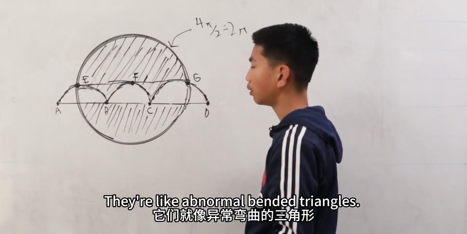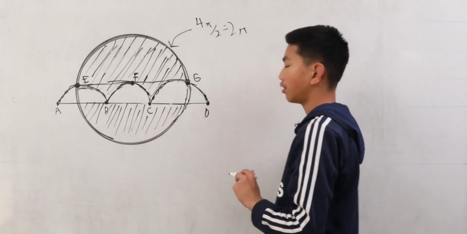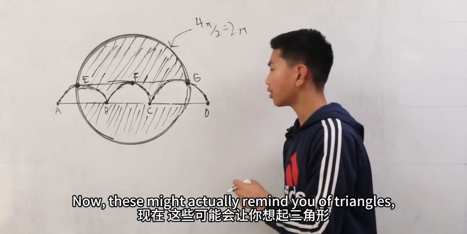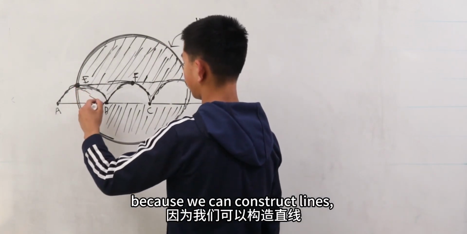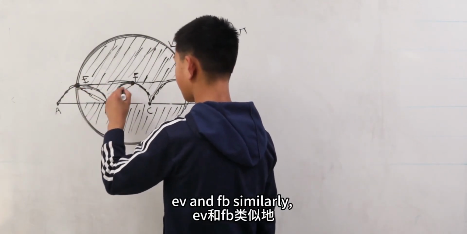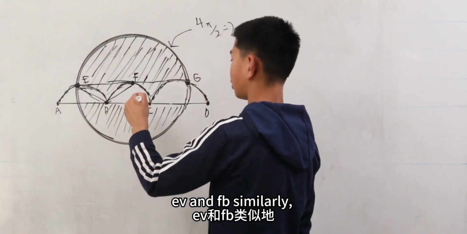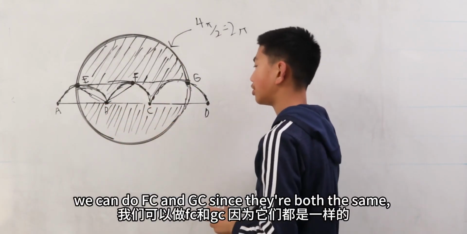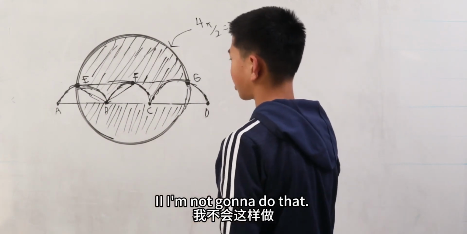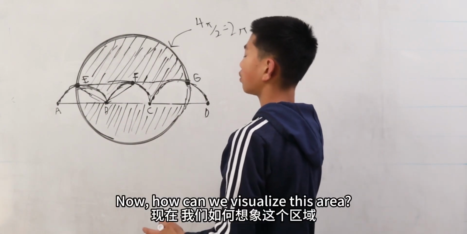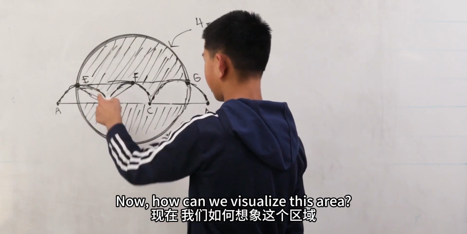They're like abnormal bended triangles, and they might actually remind you of triangles because we can construct lines EB and FB. Similarly, we can do FC and GC, but since they're the same, I'm not going to do that. Now, how can we visualize this area?